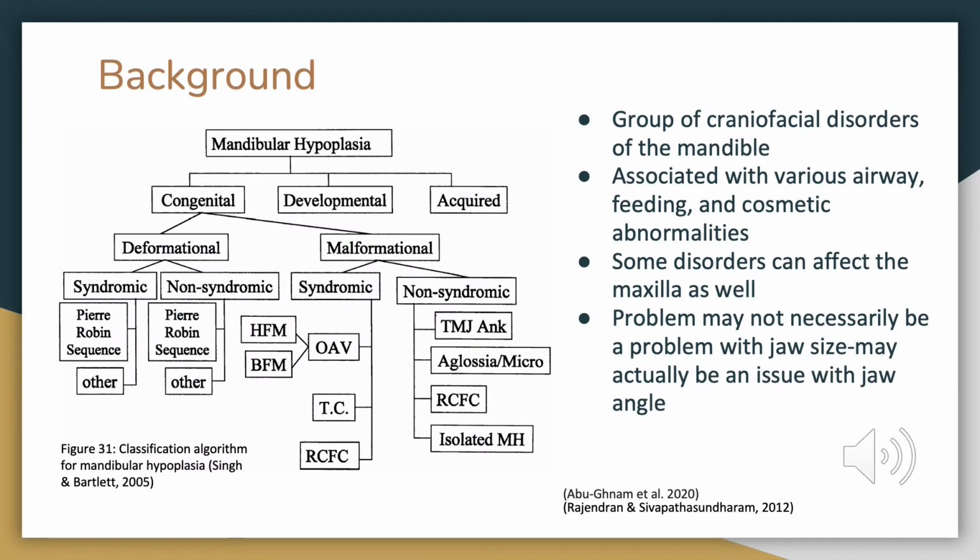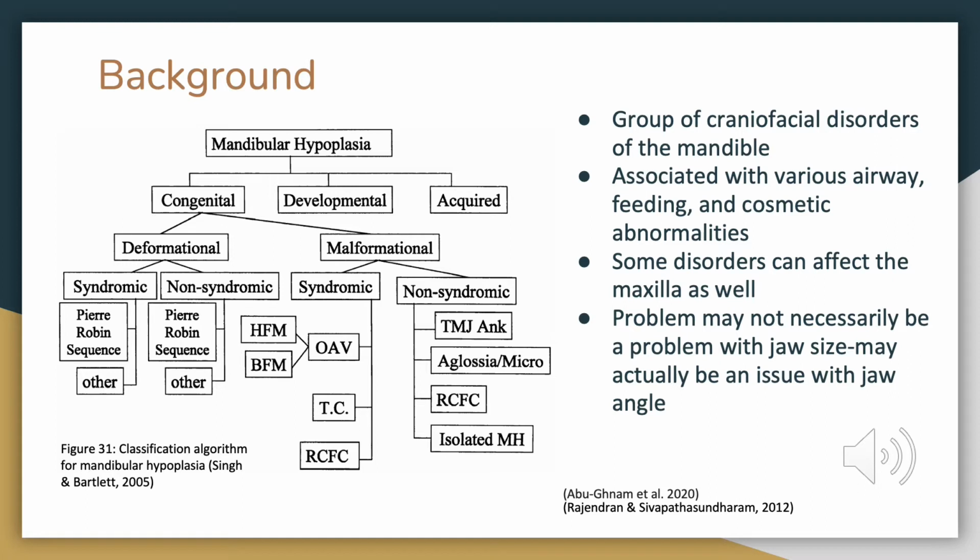Getting into the background, you can see that mandibular hypoplasia is actually a pretty extensive group of craniofacial disorders of the mandible. It's often associated with various airway, feeding, as well as cosmetic abnormalities. Some of the big ones are Pierre-Robin syndrome. This can also be a sequence.